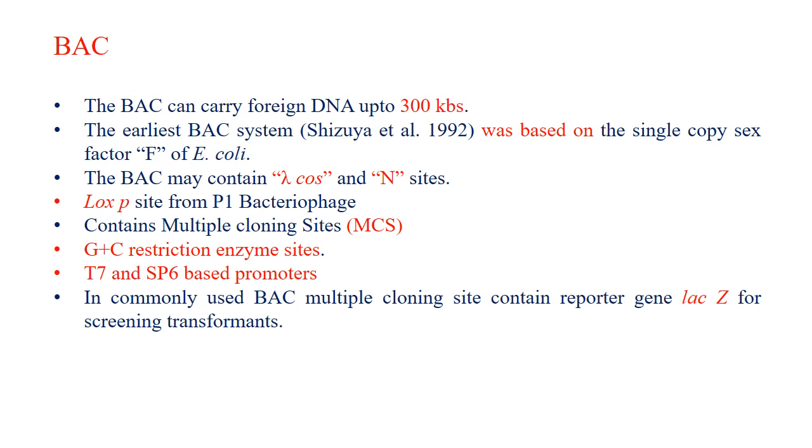BAC has a higher carrying capacity, up to 300 kbp. The earliest BAC system was based on the single copy sex factor F of E. coli, the simplest one. The BAC may contain lambda cos and N sites, which are from lambda phage, loxP site from P1 bacteriophage, also contains multiple cloning sites, GC-rich restriction sites, T7 and SP6 based promoters in case of expression vectors.